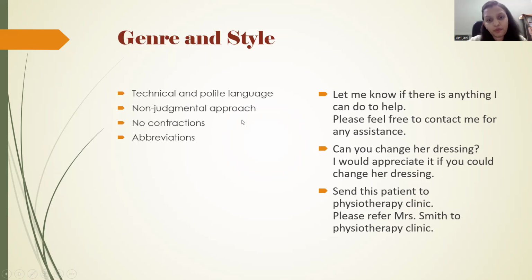And always use a non-judgmental approach. I know that we live in a country where making judgment is quite easy. But start thinking as people of Western countries, who are extremely non-judgmental. So instead of writing that the patient is a heavy smoker, alcoholic, or obese, which is your judgment, give them evidence.